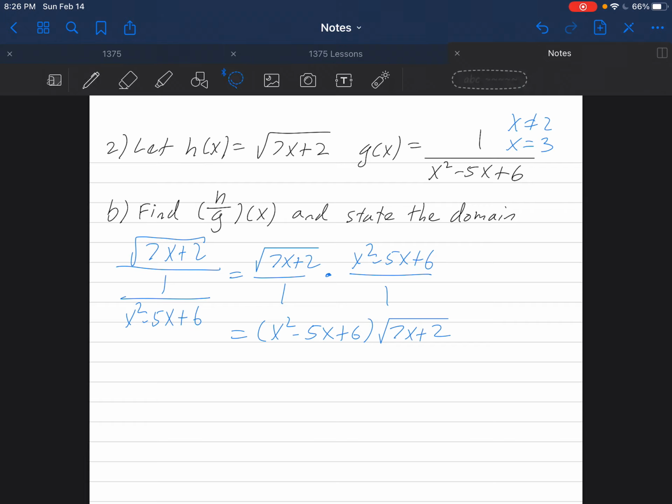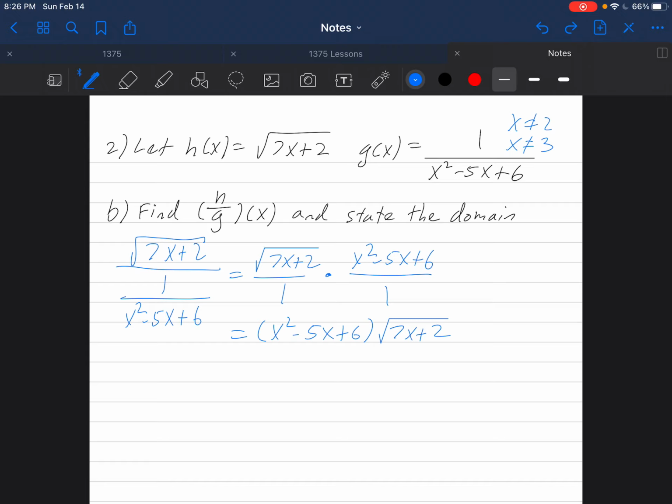So even though this is not in the denominator anymore, in order for this to happen, the values of 2 and 3 were never valid in the first place, which means they cannot carry through to this new function, right?